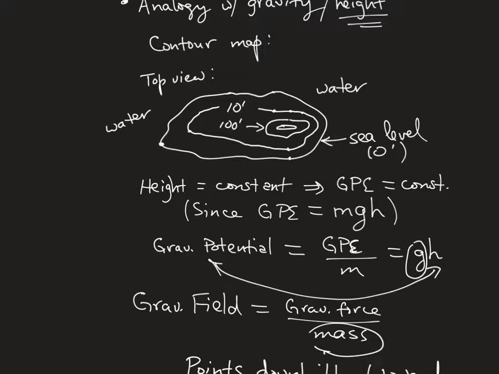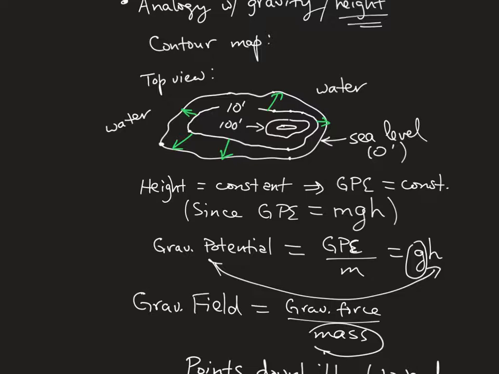The gravitational field just points downhill in potential, which means the gravitational field would be pointed this way, from high potential to low potential, from high to low, from high to low, and so on.